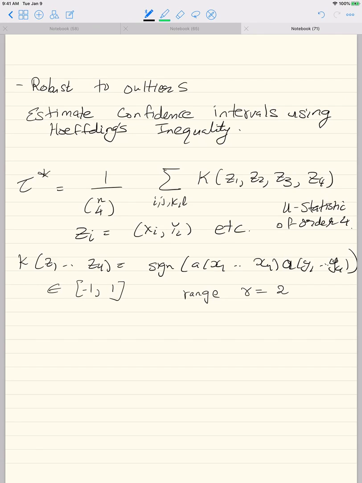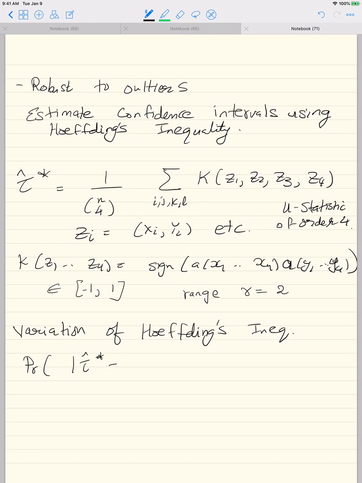For such a setting, there is a variation of Hoeffding's inequality that can be used for U statistics, and that says that the probability that the empirical estimate minus the true value is greater than epsilon is upper bounded by 2e to the minus 2n epsilon square divided by b times r square.